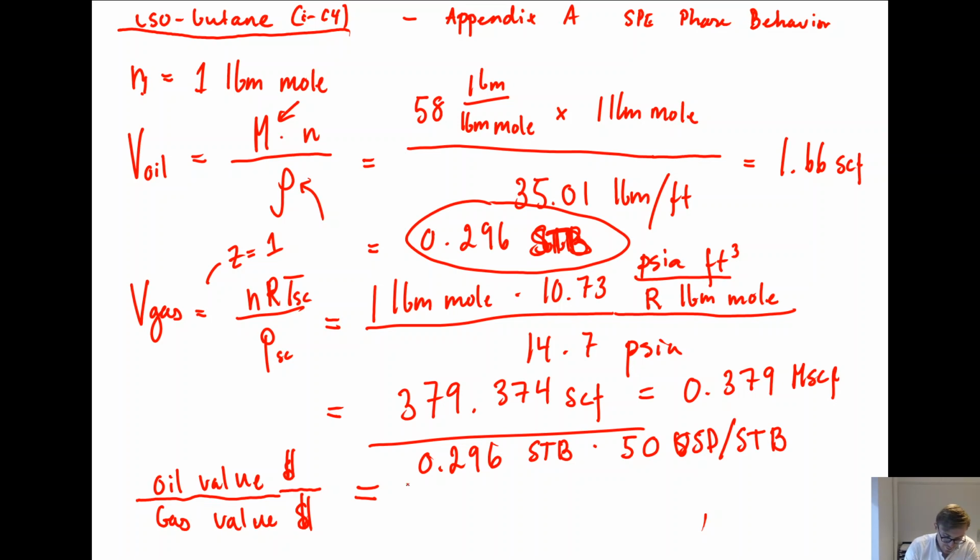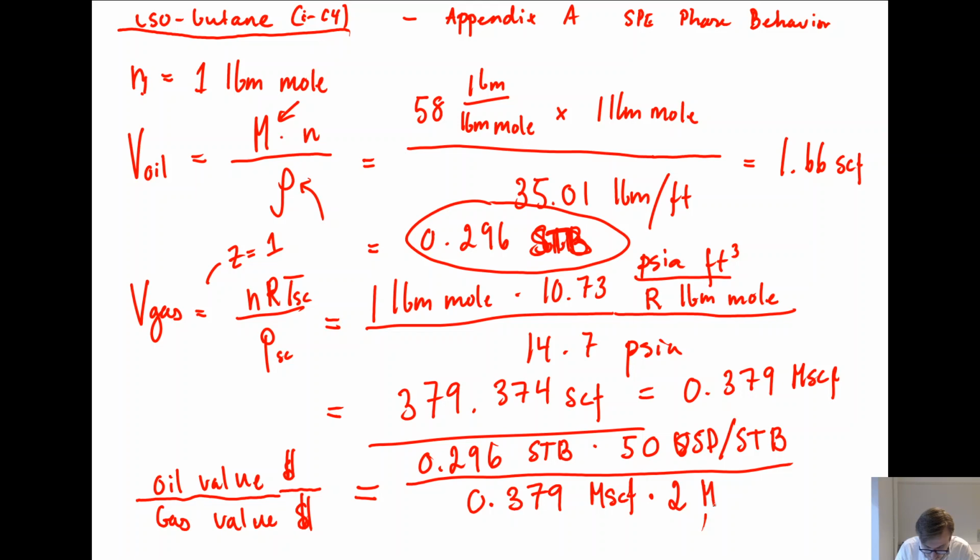Then we pick just some gas number. At least this is a good number in the States, many places right now, which is 2 USD per MCF, and we're then left with a ratio that's around 19.5. Good. Sorry for the writing, by the way.